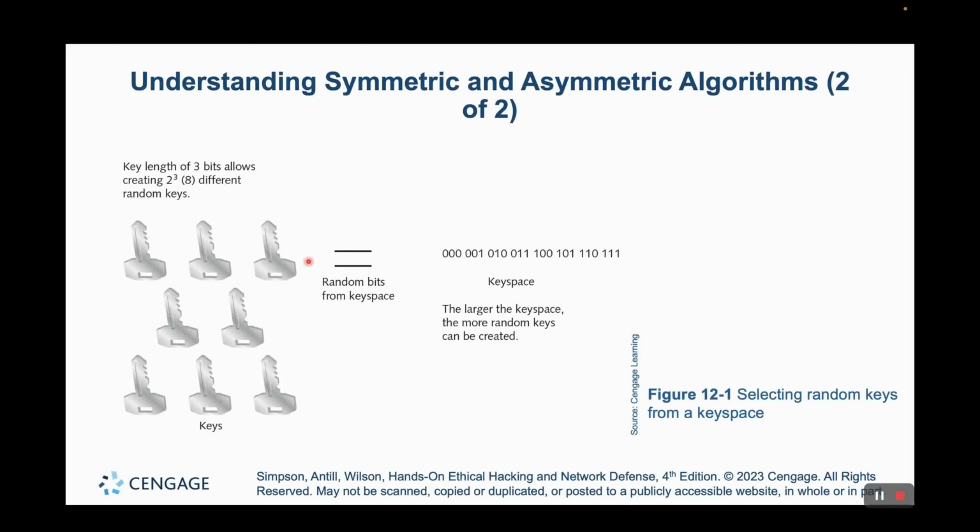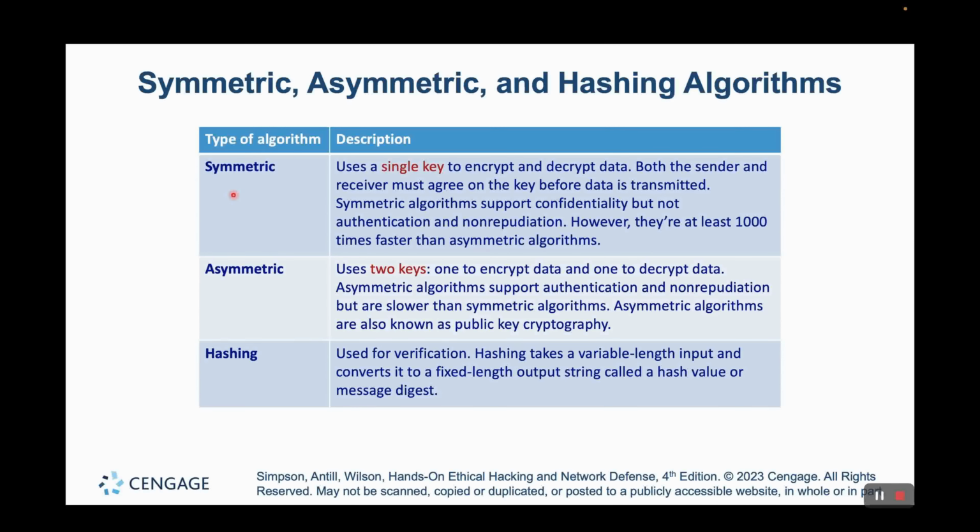Therefore, the larger the key space, the more random keys can be created. Just imagine 2 to the power of 100. You would get a large number of random keys, which makes it harder and harder for hackers to break into the system. Now, this is just a simple table.